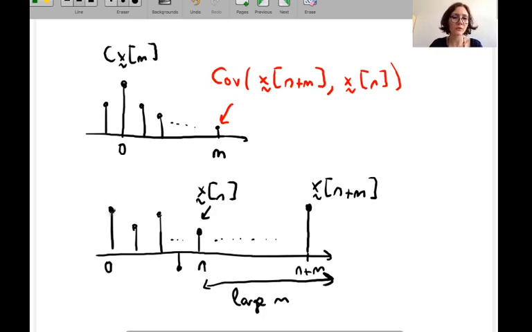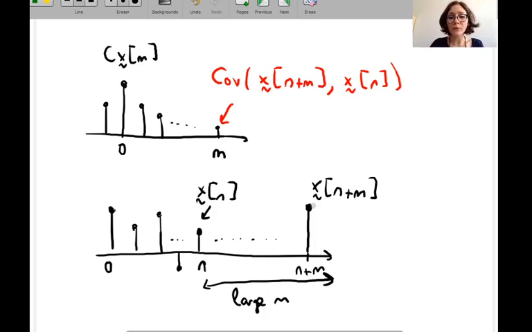So what you do is you take this sample, sum it up, and keep summing over different n values. This is an infinite sum, running from 0 up to infinity. If this covariance function is close to 0 for large m, it means that this sample and this sample are more and more uncorrelated, meaning that their common information content gets weaker and weaker as m increases.